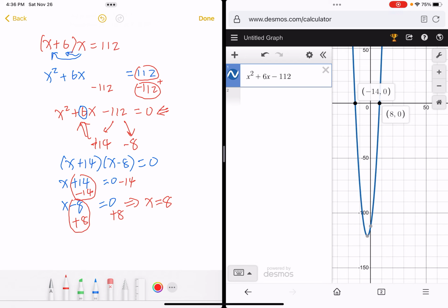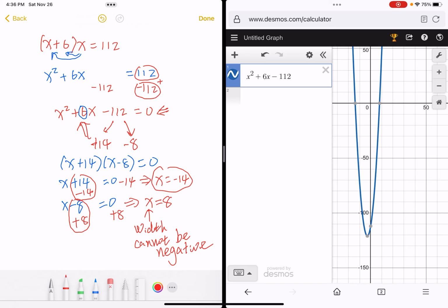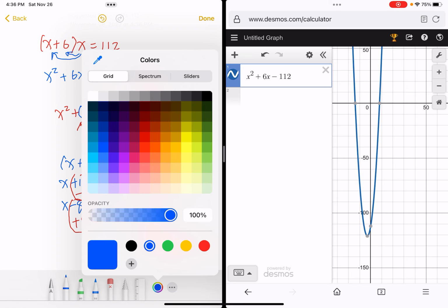And here you have x equals negative 14. Remember, x is the width. Then it cannot be negative. So this one will be discarded.